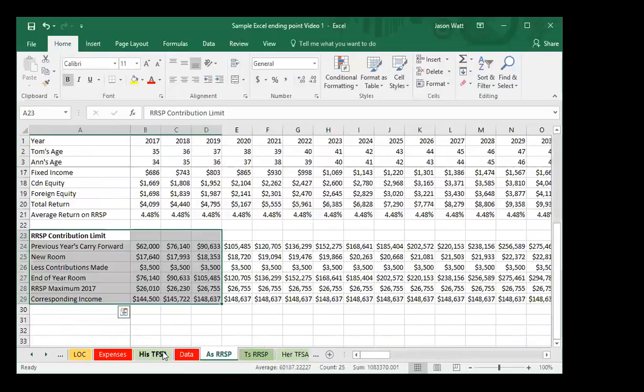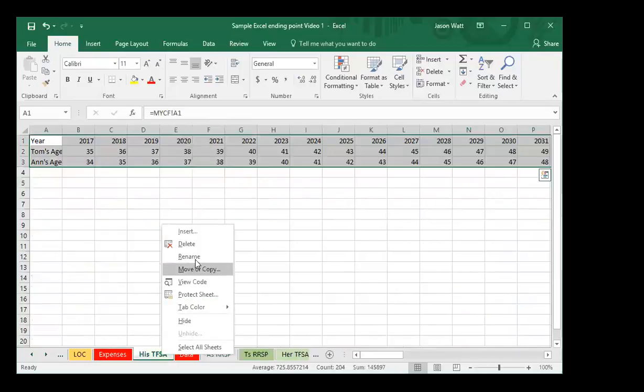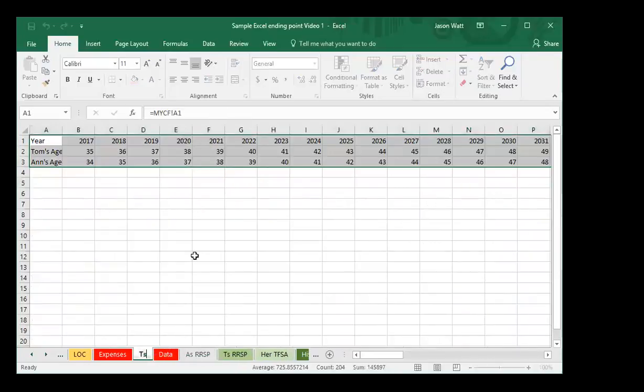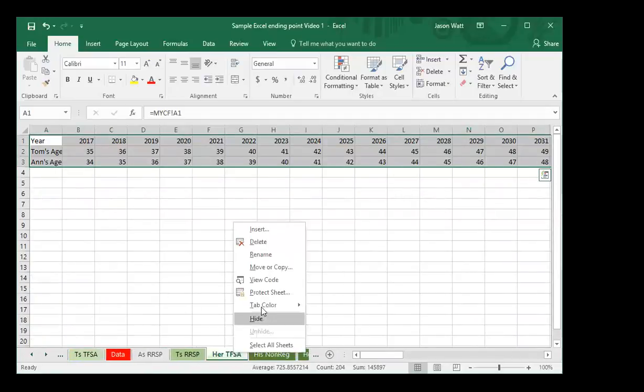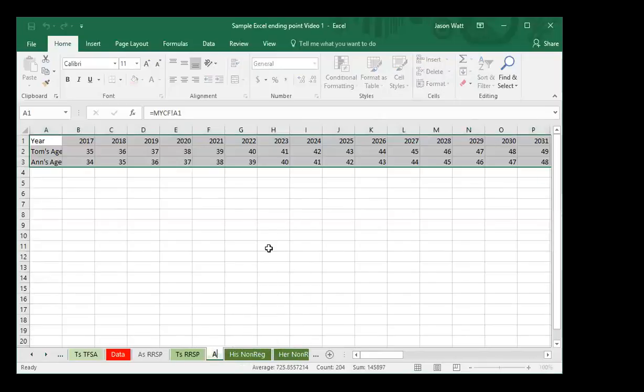Just drag that over, and I can rename this as Tom's TFSA. So we're really only working with our expenses sheet and our TFSA and our data sheets.